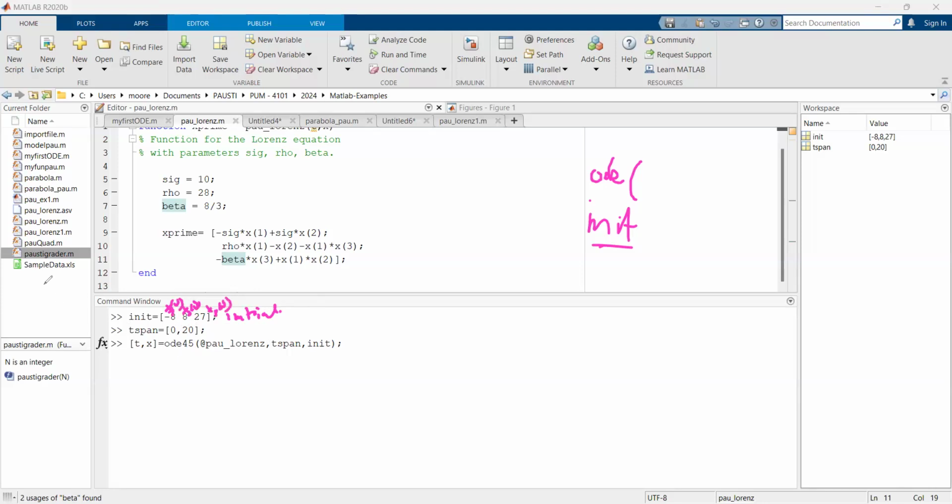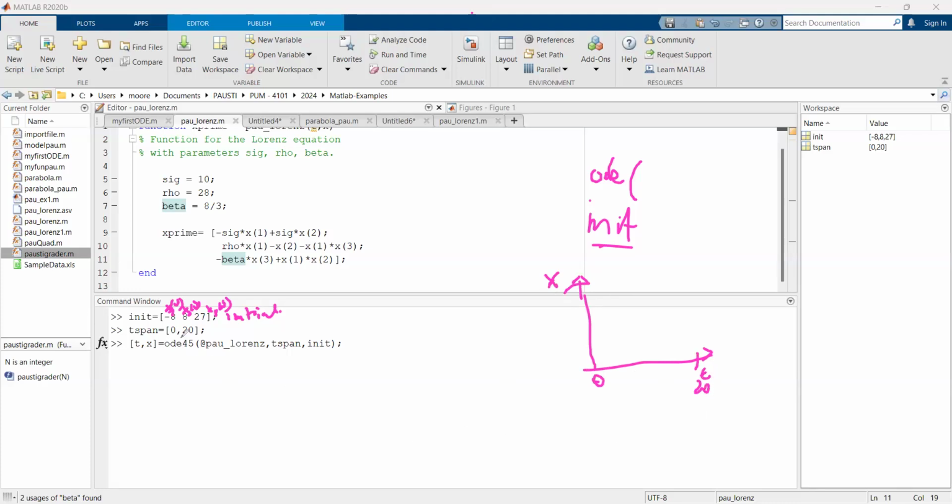We need that. And then we also need a time span. How long is your simulation going to be? So usually we have your time here, and we say, okay, we want to start from 0 up to 20.